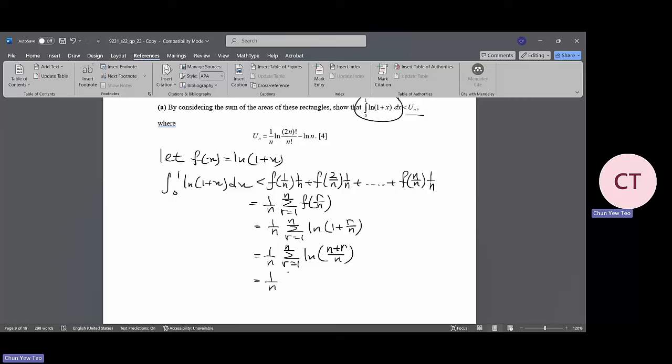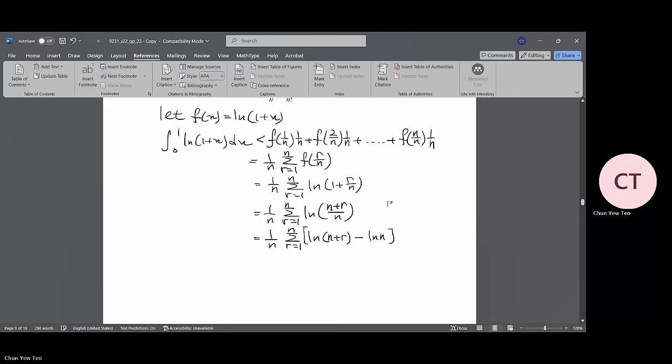And we would like to apply the law of logarithms over here. Break them up to become ln(n + r) minus ln n. Now we want to split these into two different series. The first series is the sum of ln(n + r), and the second series is the sum of ln n.